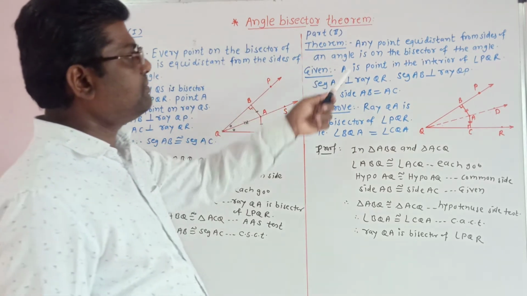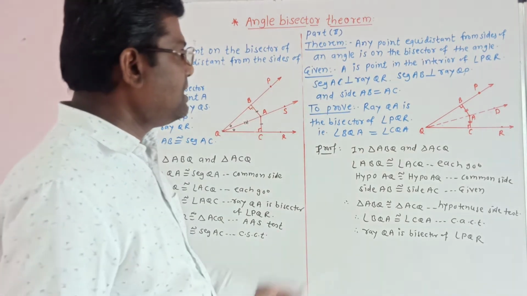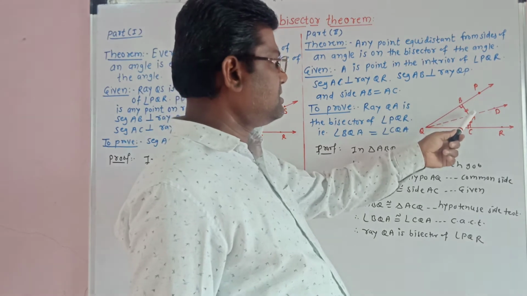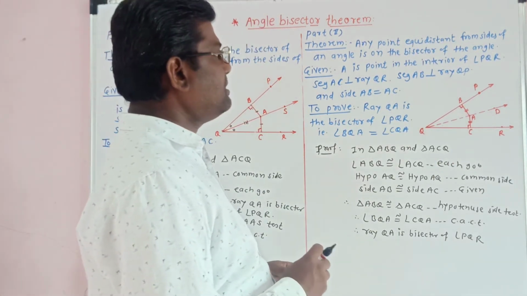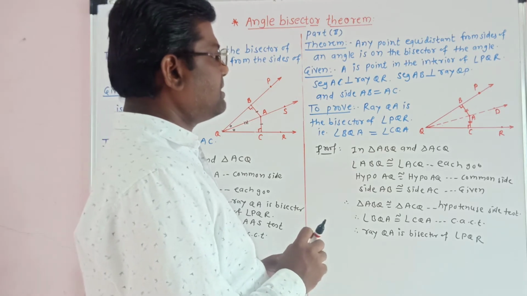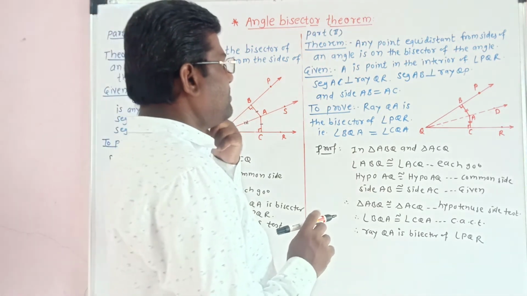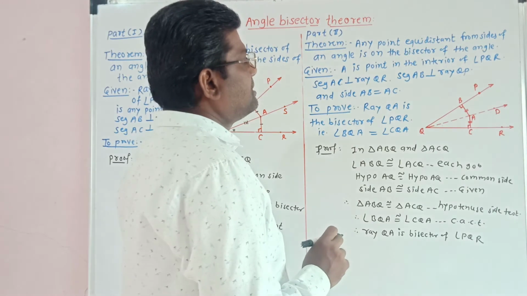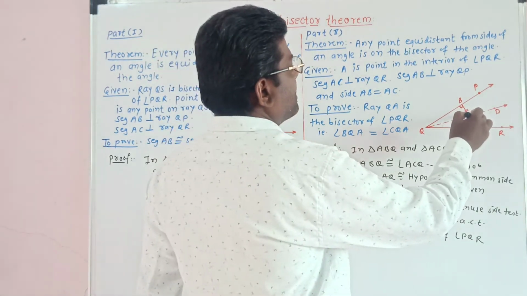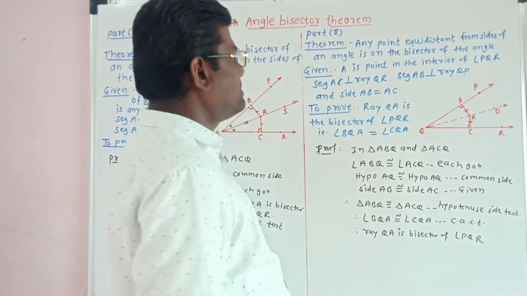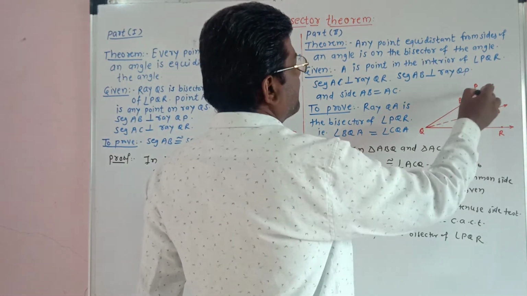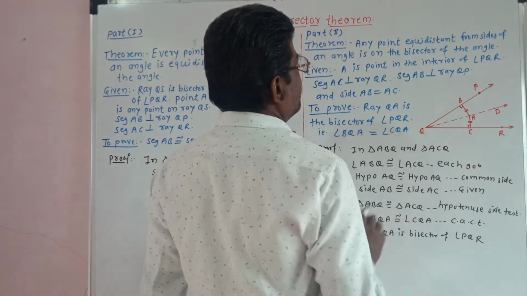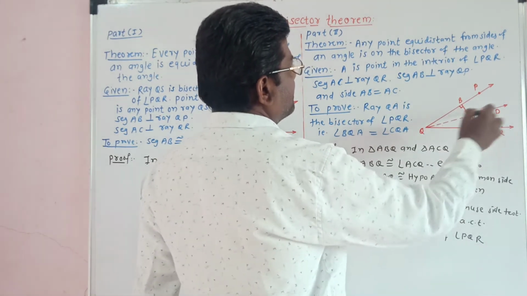Now the converse of this theorem is: any point equidistant from the sides of an angle is on the bisector of the angle. Any point, that is the point A, equidistant from the sides of angle PQR is on the bisector of the angle.